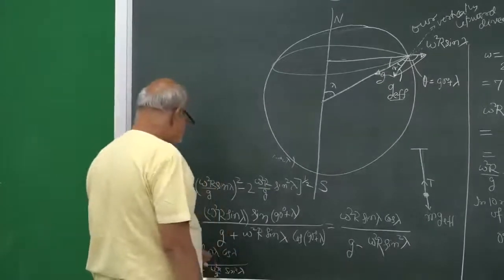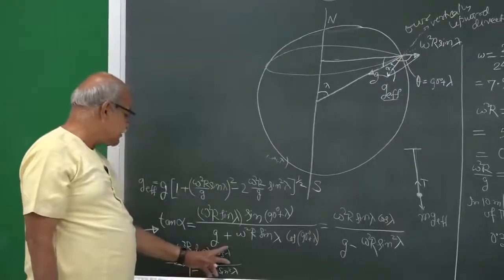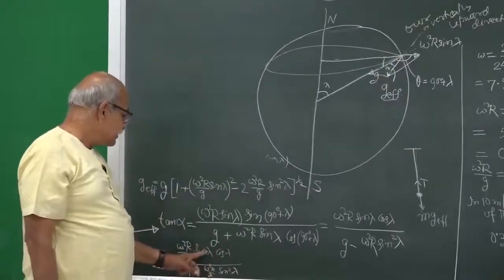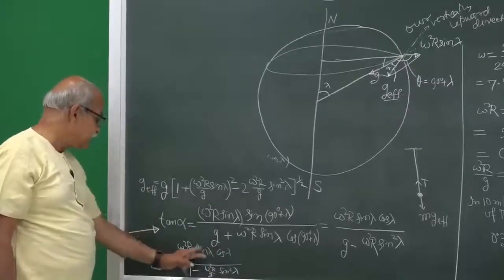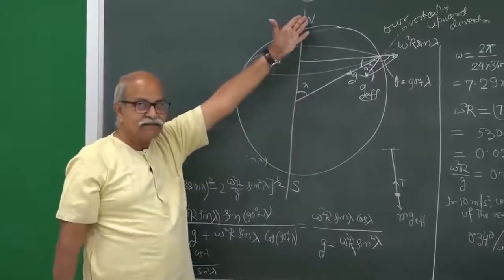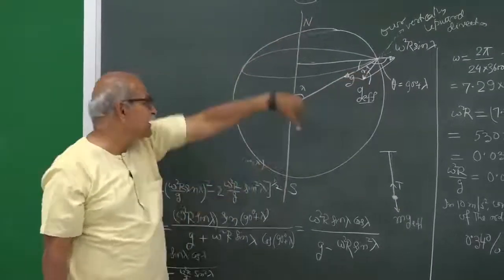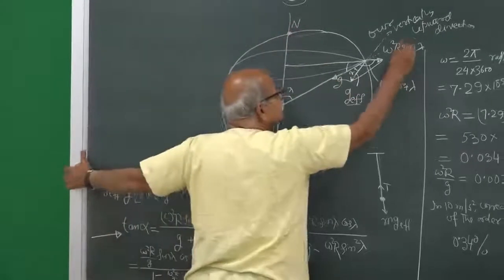So, this will be sin lambda into cos lambda. If lambda is 0, this is 0, and therefore, tan alpha is 0 and alpha is 0, no deviation.